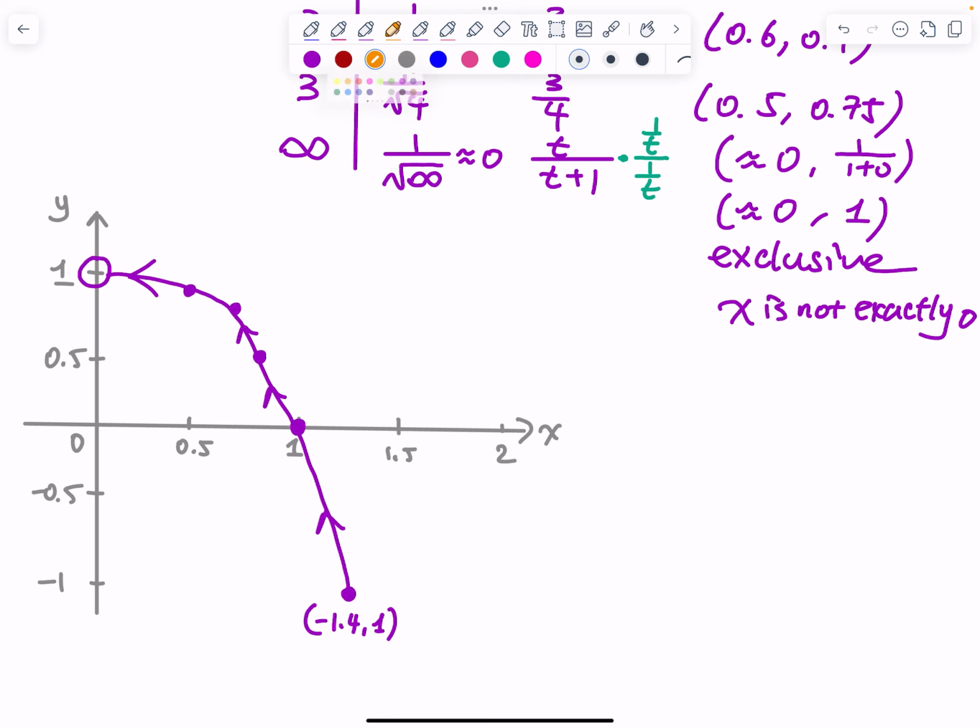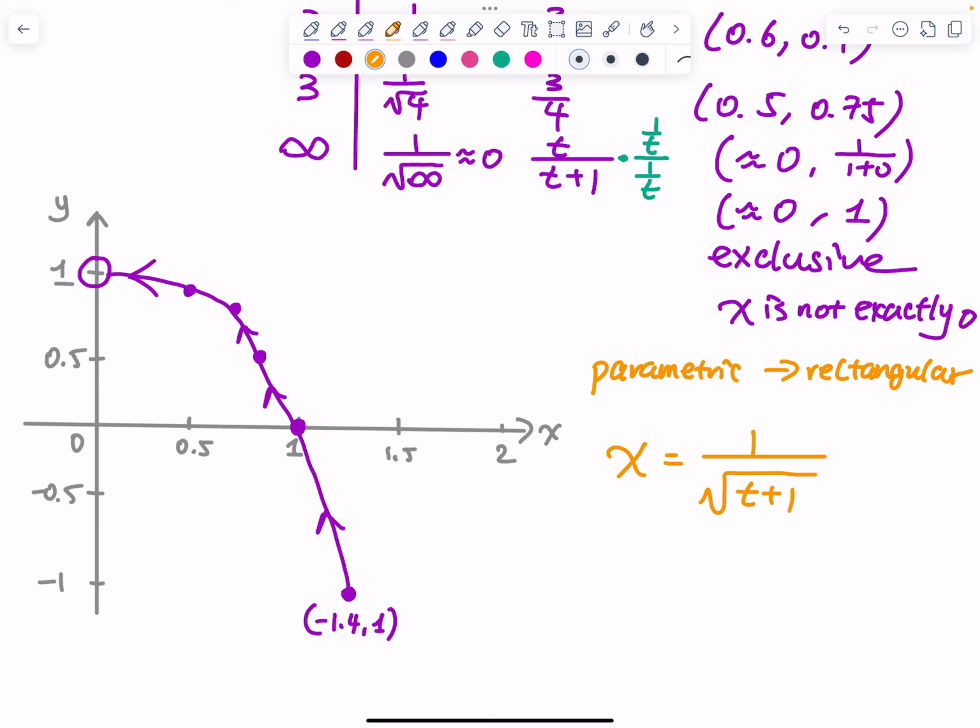So the next step is I would like to go from parametric to rectangular. How about I take this equation first? x equals 1 over the square root of t plus 1. And then I can square both sides. That gives me x squared equals 1 divided by t plus 1.